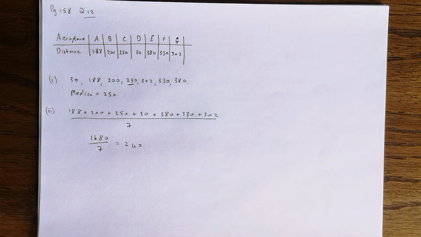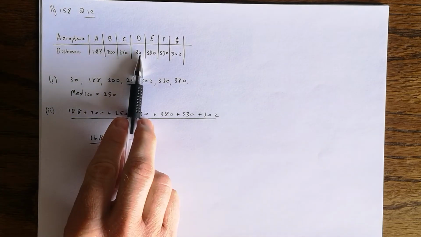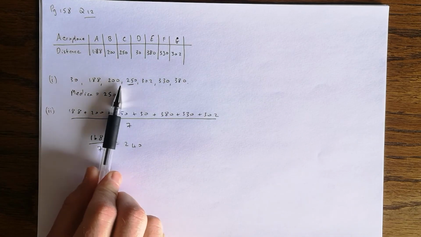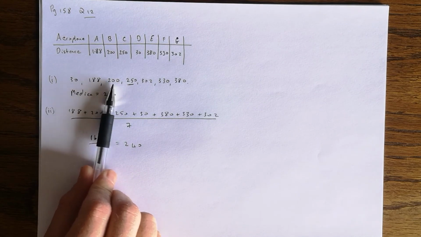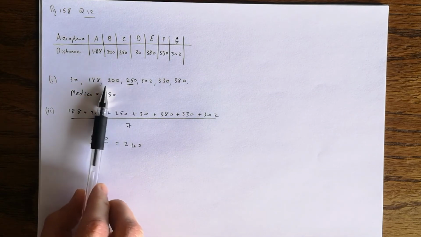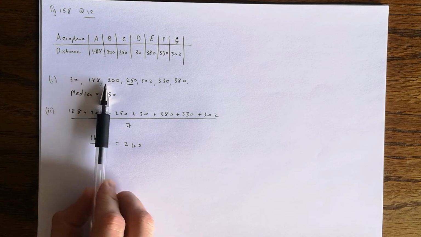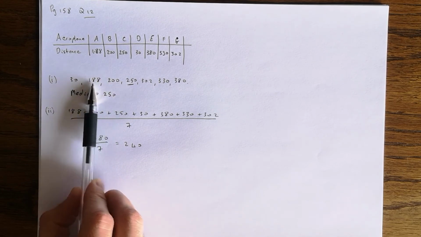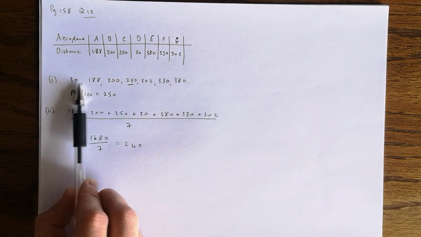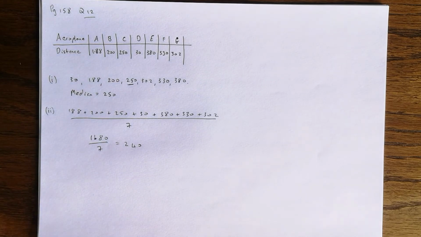So that means the new distance travelled must still be less than 250, because the median remains unchanged. It must be somewhere between 0 and 250. And it says the mean is now equal to the median.